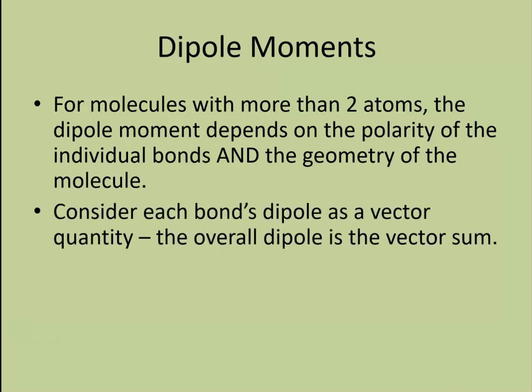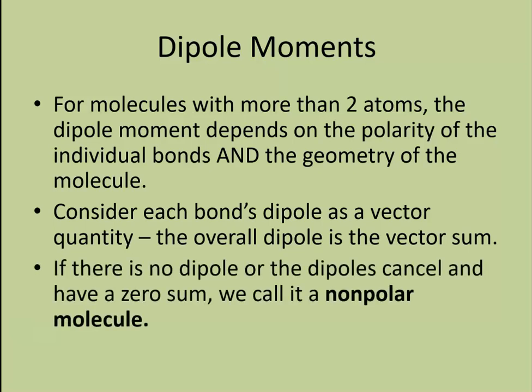We talked about thinking about a bond dipole as a vector quantity and the overall dipole for the molecule being the vector sum. We also talked about the concept of the three-dimensional tug of war: does it have a sidedness, one side of the molecule that's one color and another side that's another color? So we've talked about different ways to think about that.